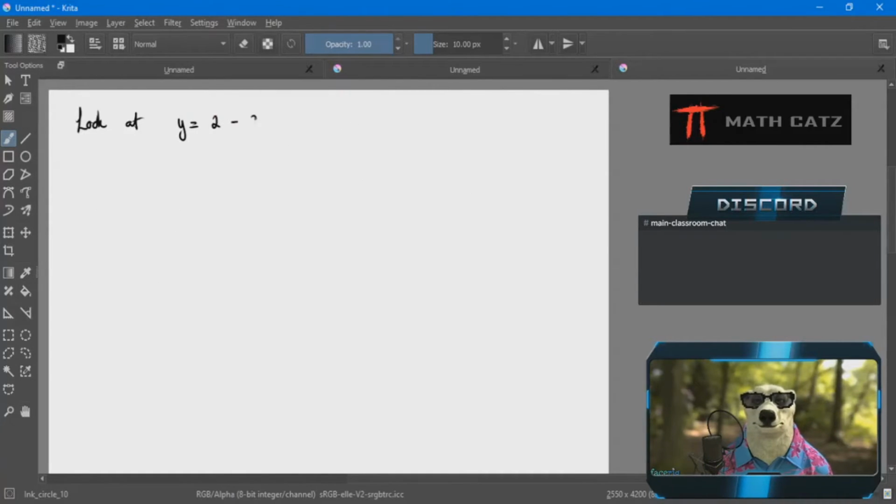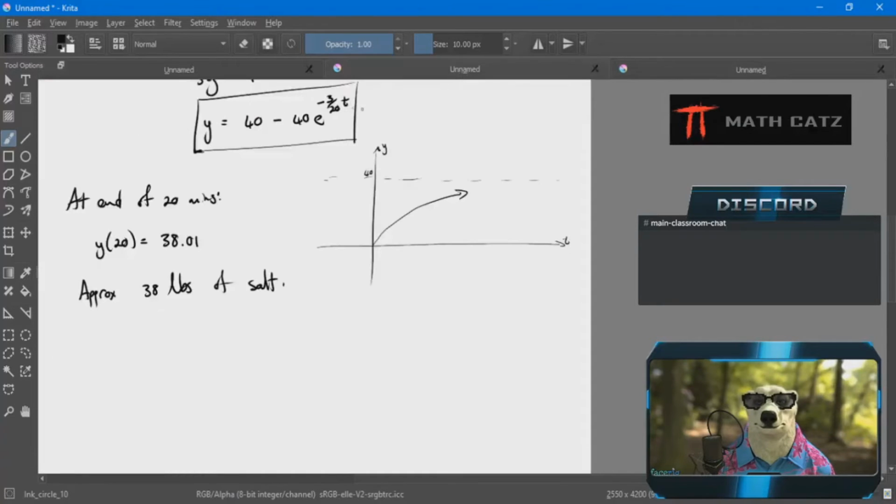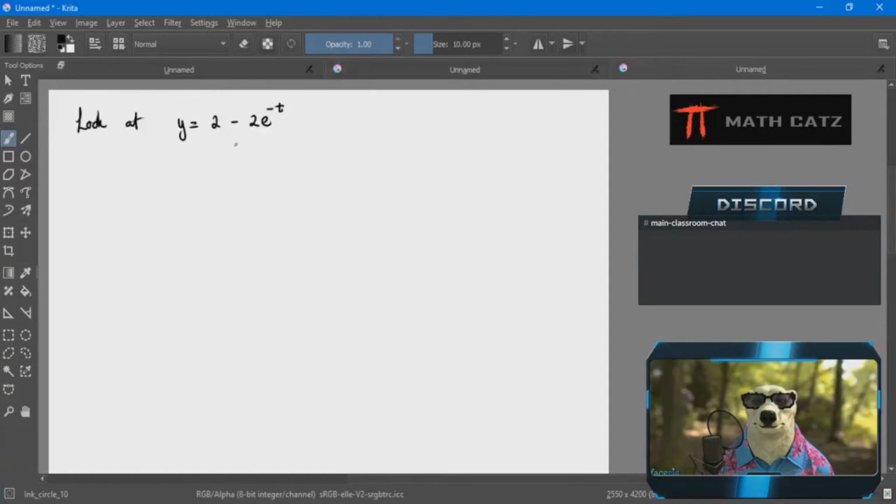That still captures the same transformations without it being unpleasant fractions and all kinds of things. I don't really care about the scaling in front of the exponential function. I'm just worried about the key transformations that I get. Because this we've done very early on, so we know how to handle this.